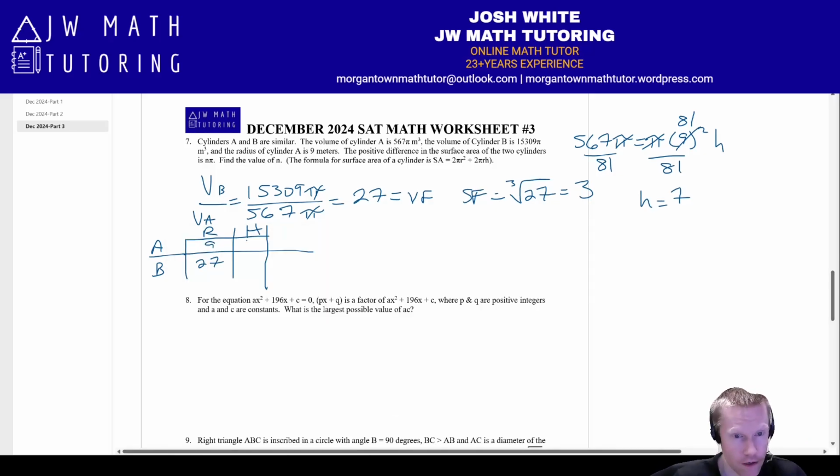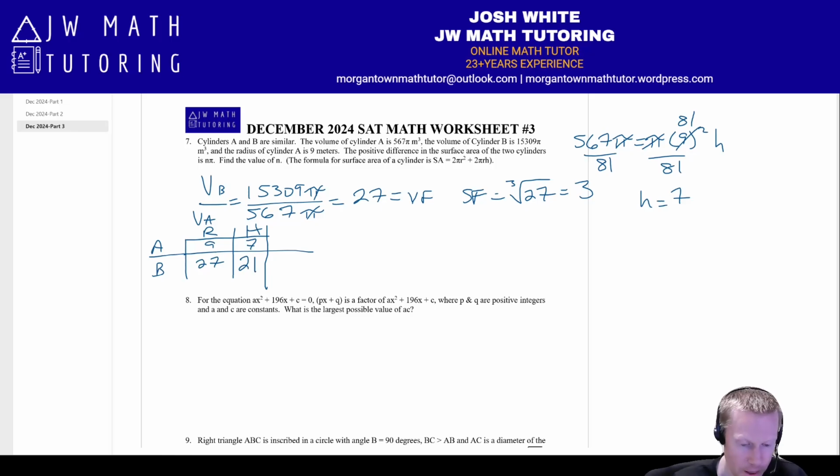All right, so now I can just fill in my little chart here. That means the height for cylinder B is actually going to be 21. Now, we can calculate the surface area for cylinder A. So they give you the formula here. The surface area of a cylinder is not one of the provided formulas on the test, so just be aware.